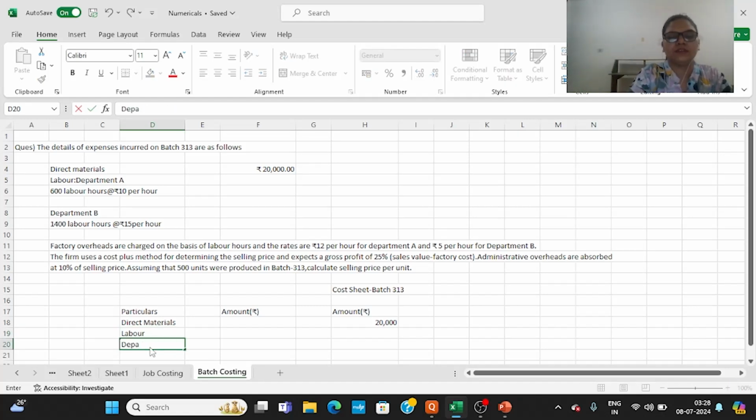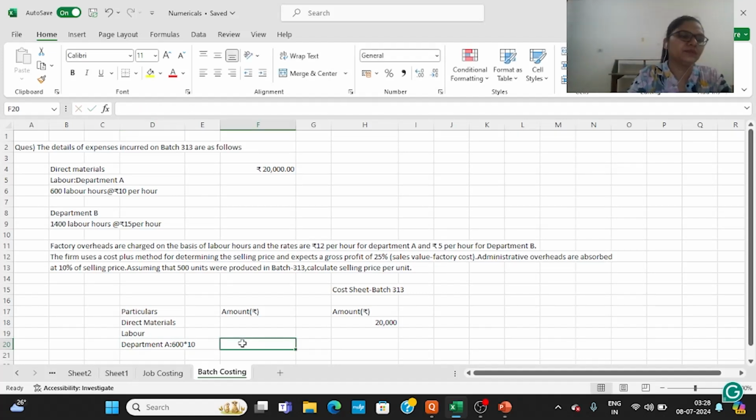For department A, it is 600 into 10, which will give 6,000.